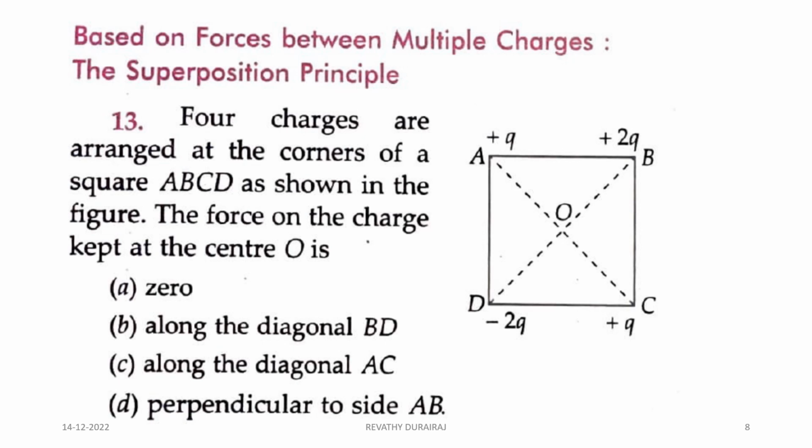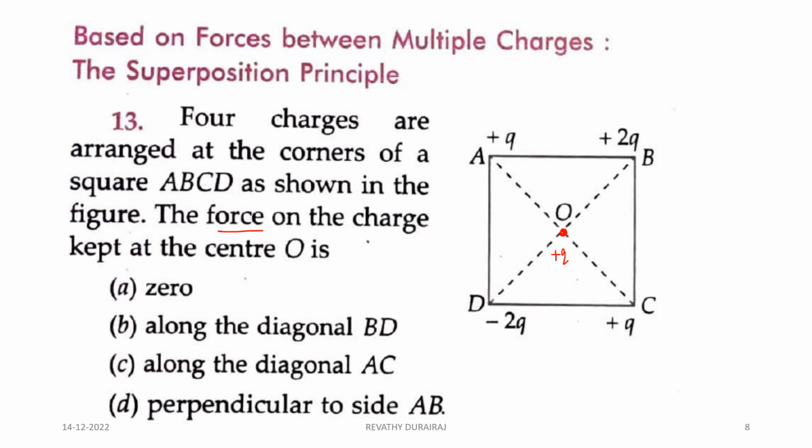There are 4 charges at the corners of the square, and we have to find out the force on the charge at the center O. So here, force on the charge. So let us see the electric field at this point. Suppose we have a positive Q charge here.